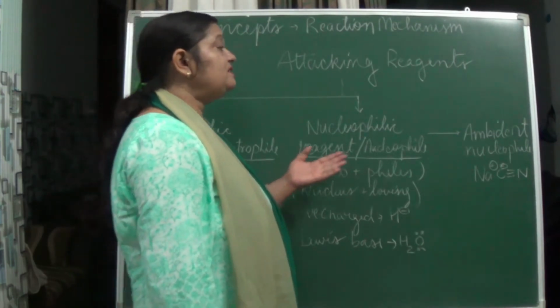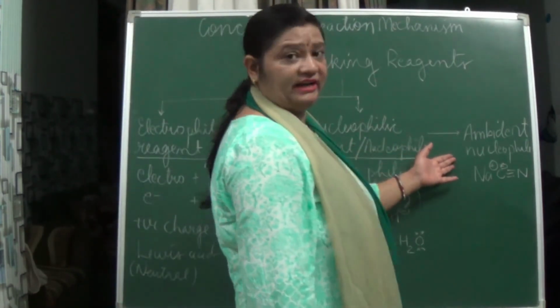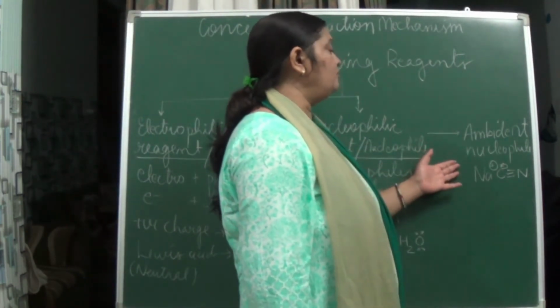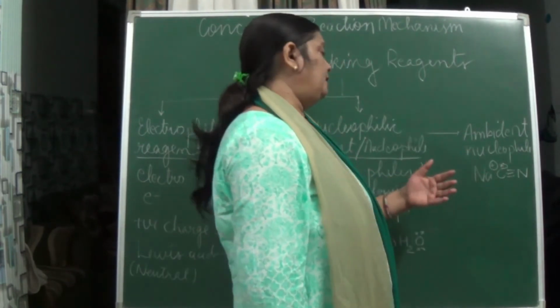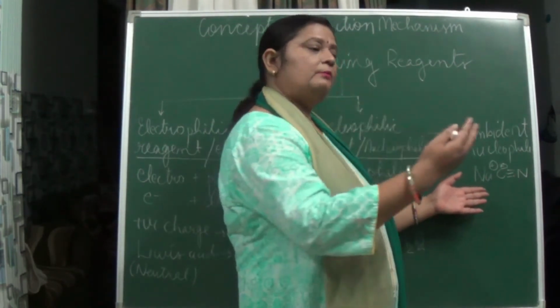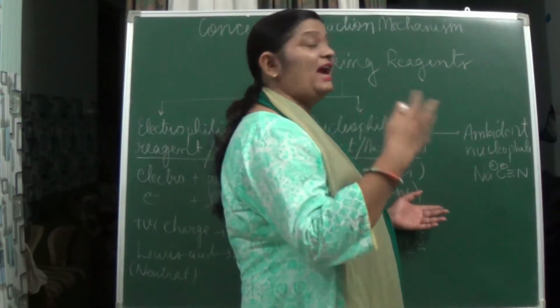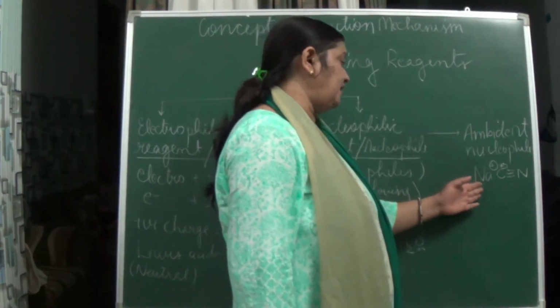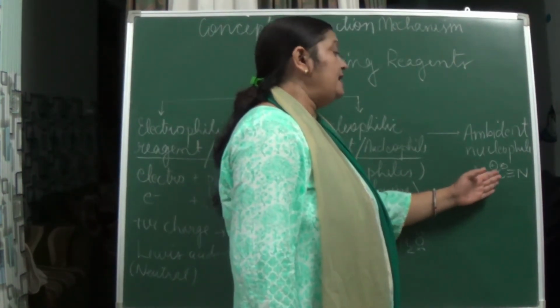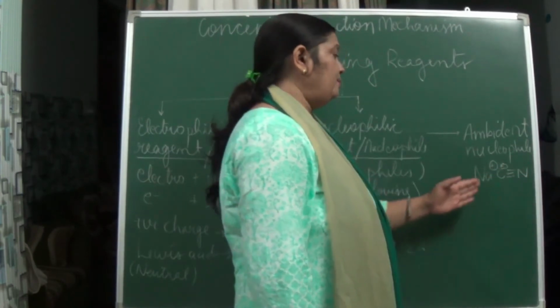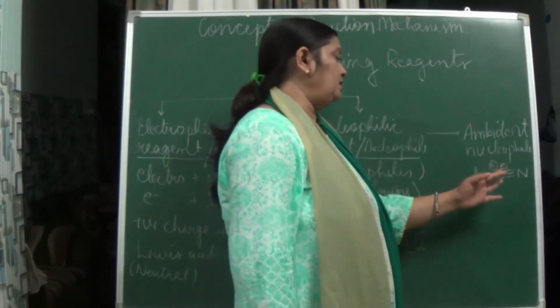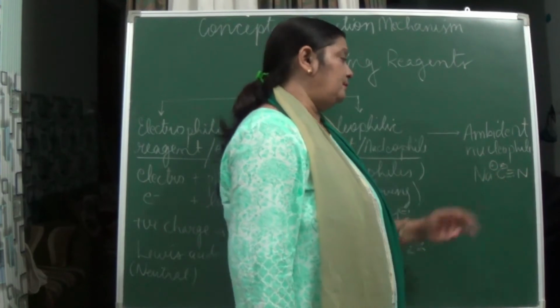Now, what is an ambident nucleophile? Actually, in an ambident nucleophile, either of the sites can take up the reaction, because they have the same charge. Like if we are saying NaC triple bond N, so sodium, carbon and nitrogen are here. CN is bonded by a triple bond.